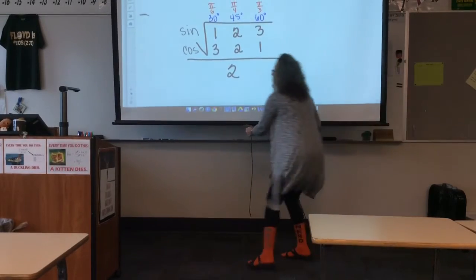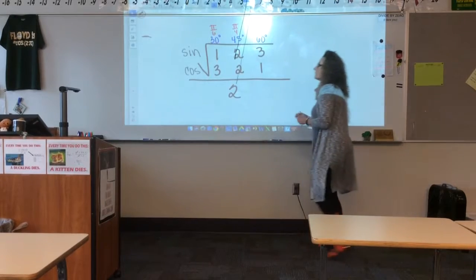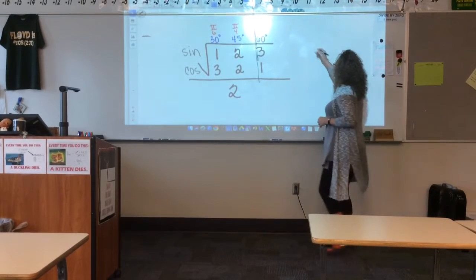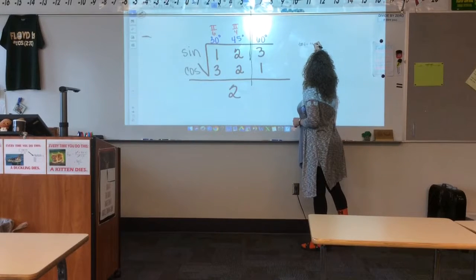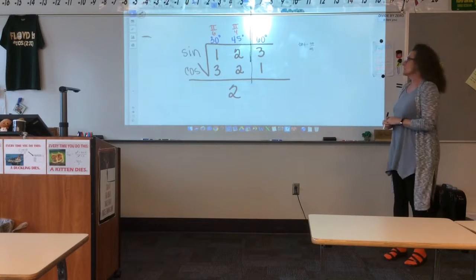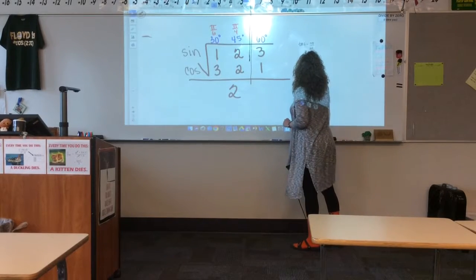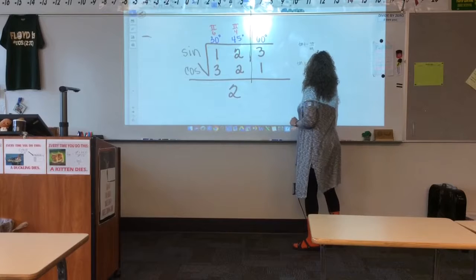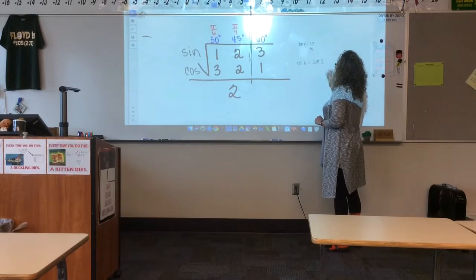Tangent. You all are used to opposite over adjacent. Something that you probably didn't know, and it'll come up later, is tangent is also your sine fraction divided by your cosine fraction.